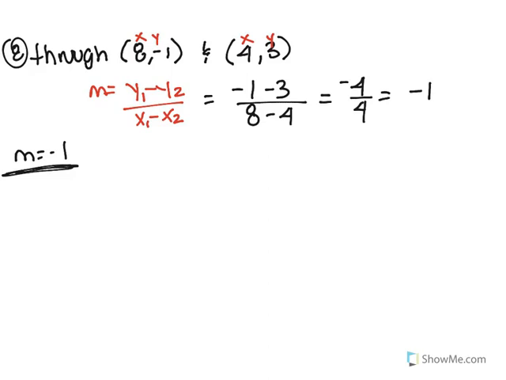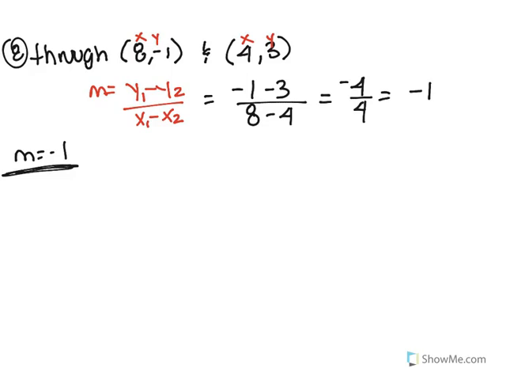Now, since these 2 points are technically on the same line, does it matter which point you plug in to find b? No. They're both going to give you the same b. It doesn't matter which point you use, the first one or the second one.